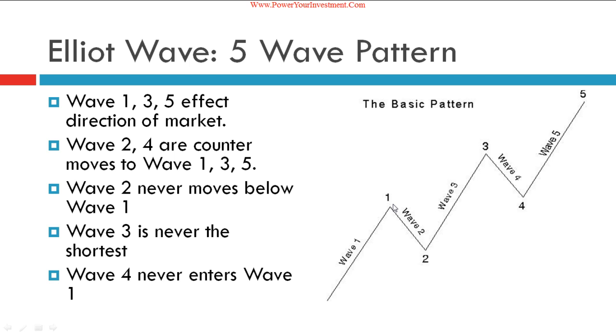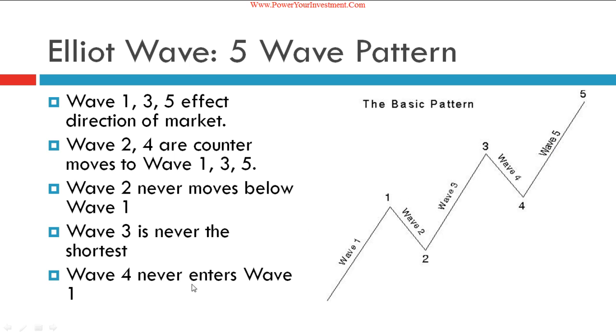Do not keep it on the arithmetic scale, because sometimes it becomes difficult to know which wave is the longest and the shortest. Usually in stock markets, wave 3 is the longest wave, but in commodities, wave 5 usually is the longest.